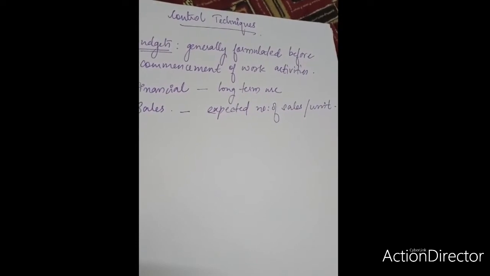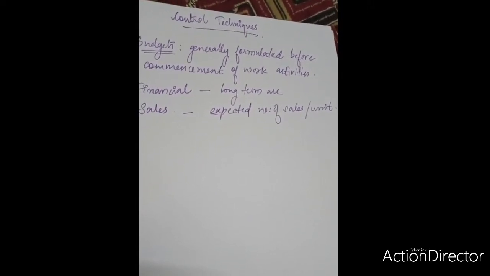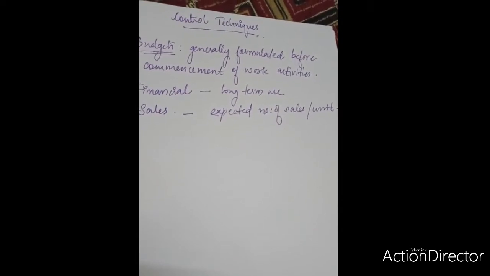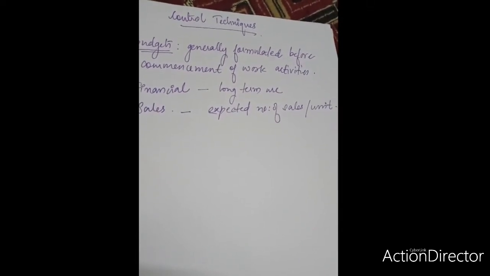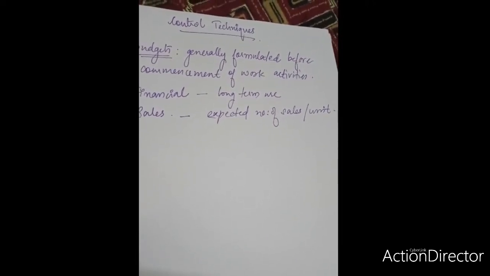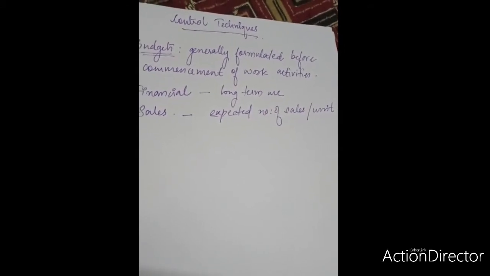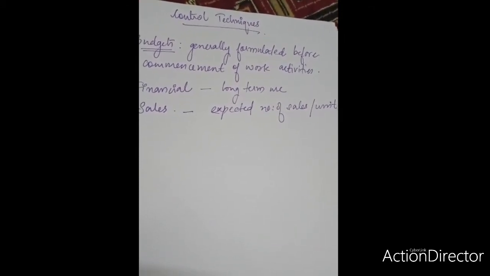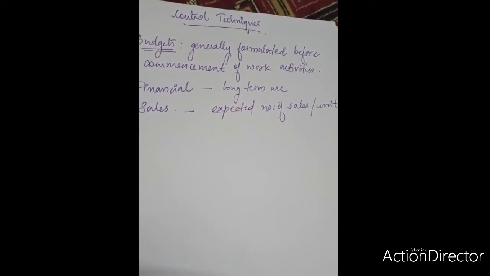Budget feedback can serve as input for improving both the planning and controlling process. So it is used to fix targets in monetary terms and control the deviations if any.